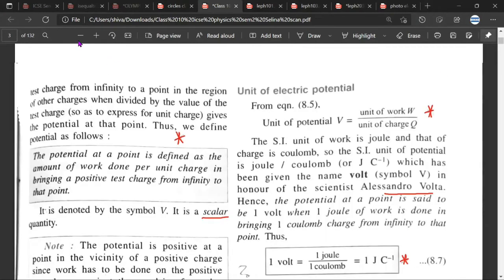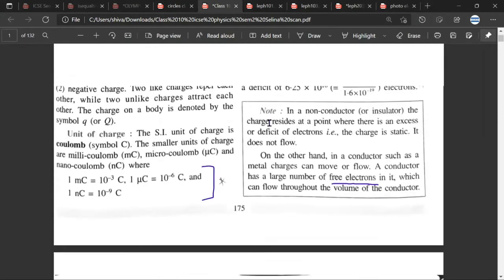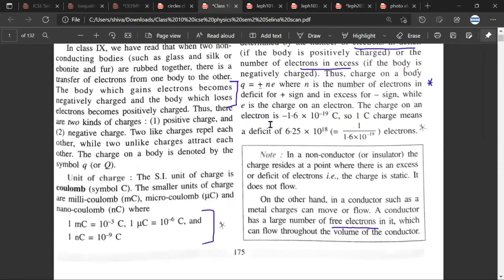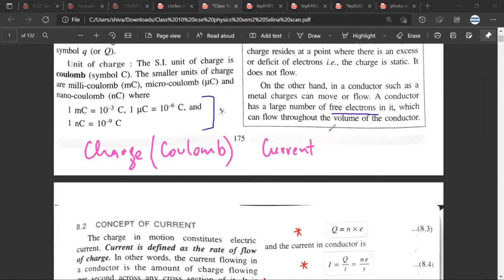No doubt, sir. Okay. So once we are finished with this basic thing, let us do a few formulas. One thing you need to understand is that charge is measured in coulomb, and current, Mr. Sibang, is measured in ampere.